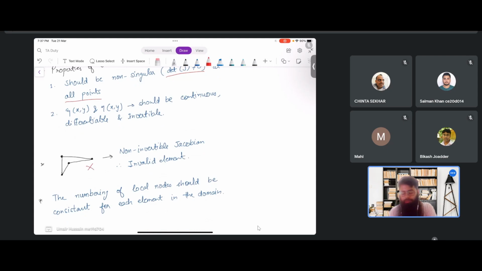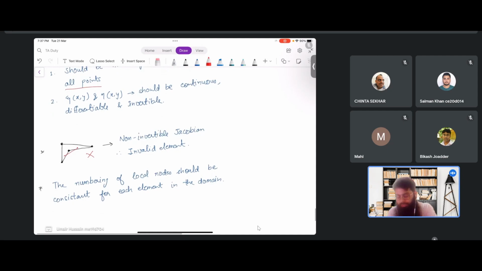This kind of element will always give a non-invertible Jacobian. In the initial studies, I think in part 1 of the course, we mentioned that such elements, where if we connect 2 points the line goes out of the element, don't work in FEM. That is, a concave surface shouldn't be there. We should always have a convex-boundaried element.